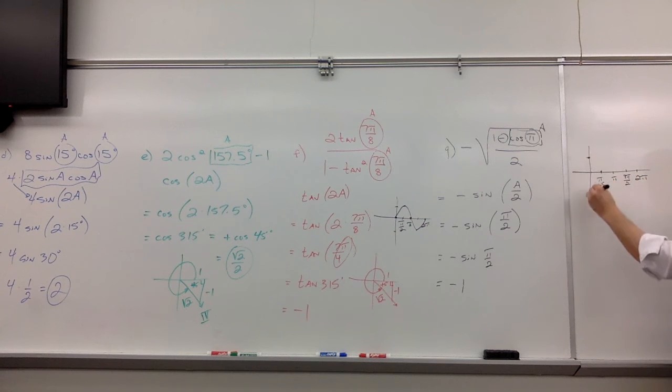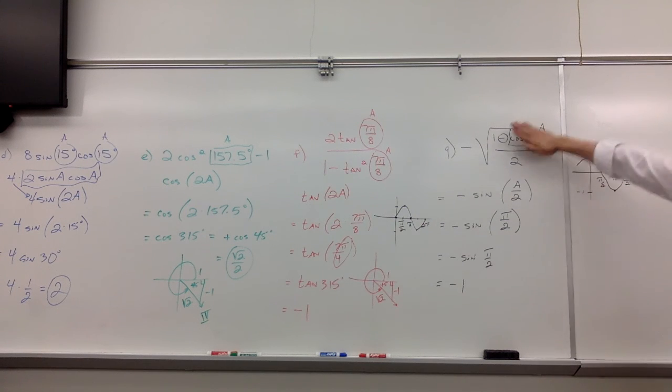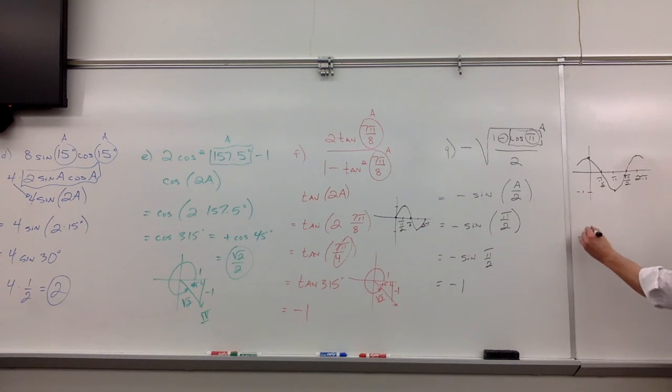Cosine of pi, if you see this, will be negative 1. So you can actually directly substitute in negative 1 there, and I think handle this even easier than what we did originally. So 1 minus a negative 1 over 2.